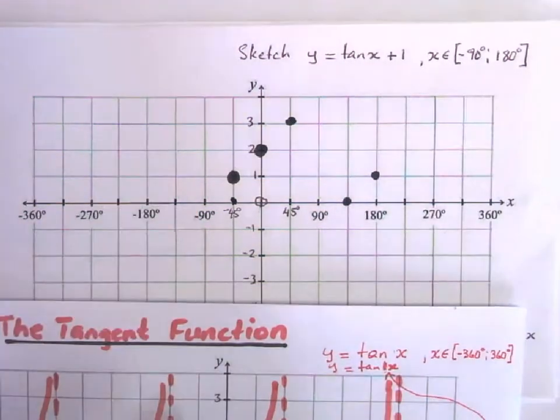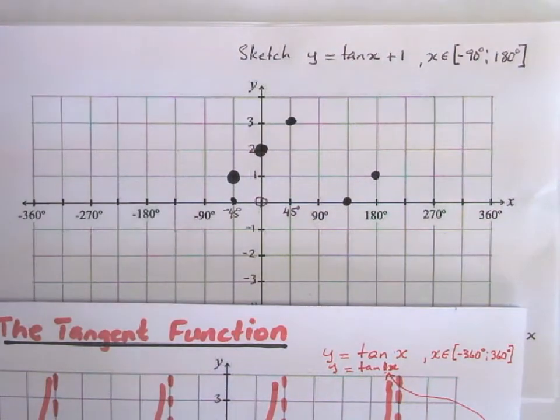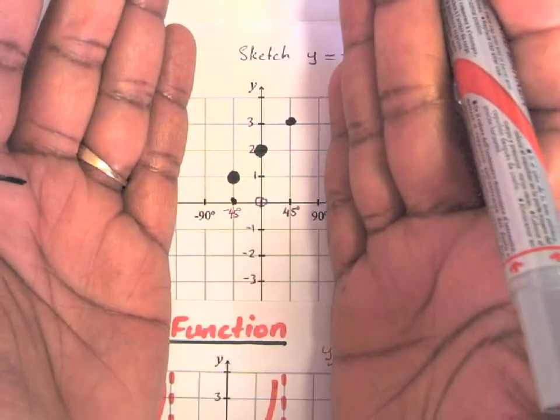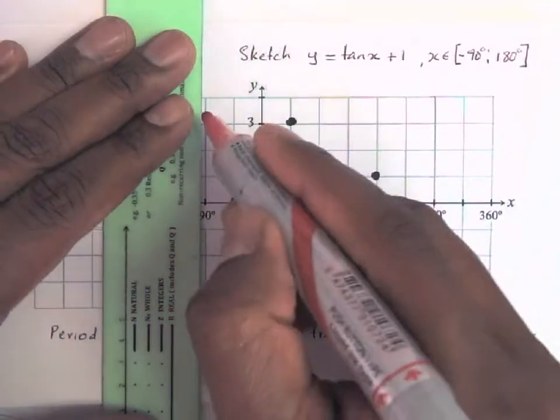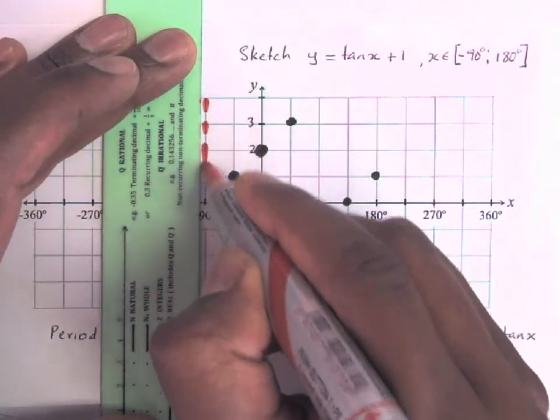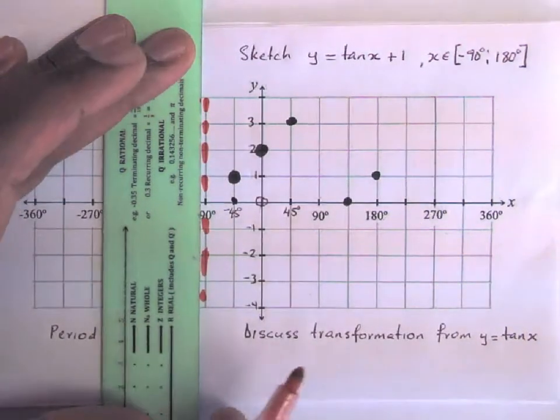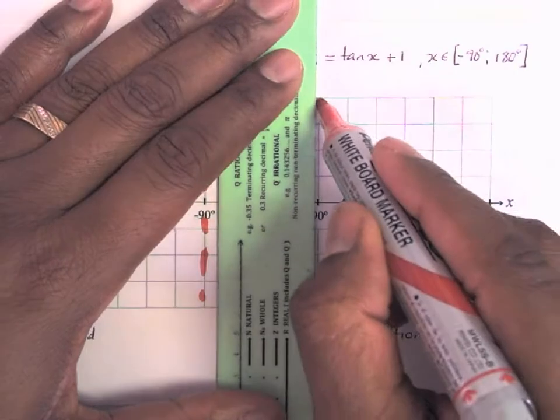They said up to 180 degrees. So now there are also asymptotes, remember. The asymptotes also shift. So from there to there, we still have asymptotes. I've got my asymptote over there, and then the other asymptote was there.